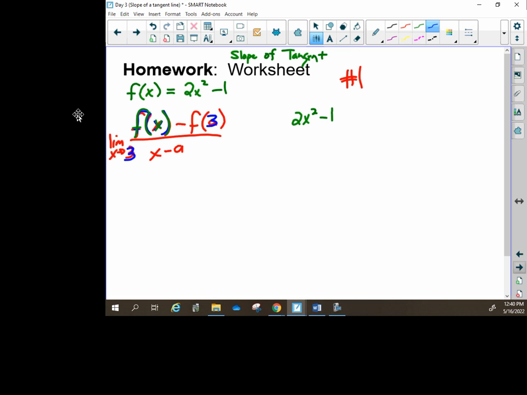We're going to plug in 3 because we're not asked to find the derivative formula. We're just trying to find the slope at that one point. So just don't forget, you've got to put parentheses around that, so that you are subtracting the simplified version of it: 2 times 3 squared minus 1, all over x minus 3.